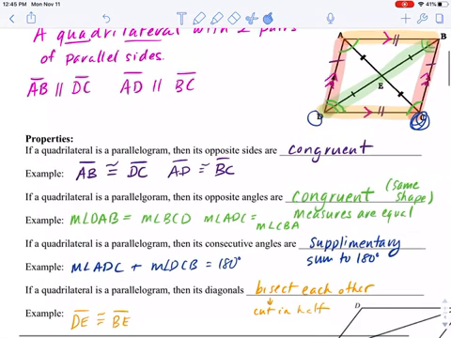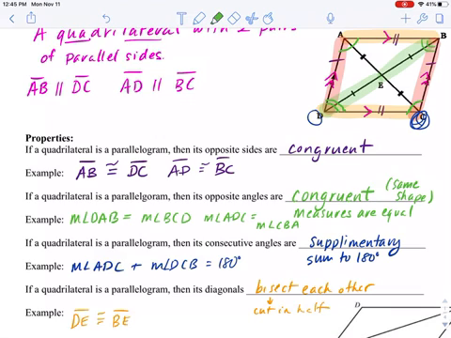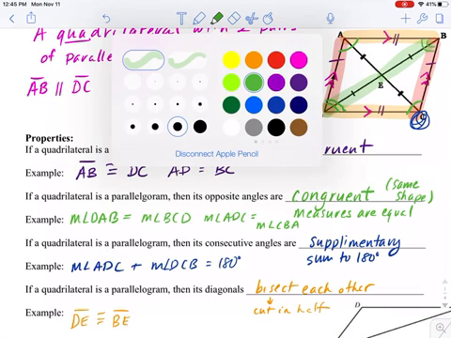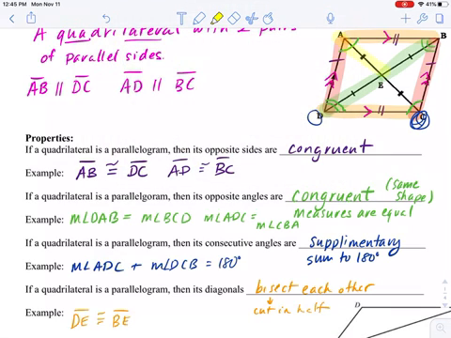And we can say that AE is the same as EC. AE is congruent to EC.